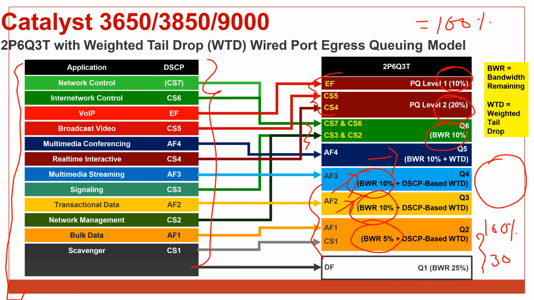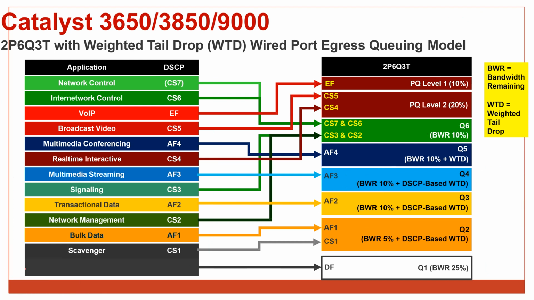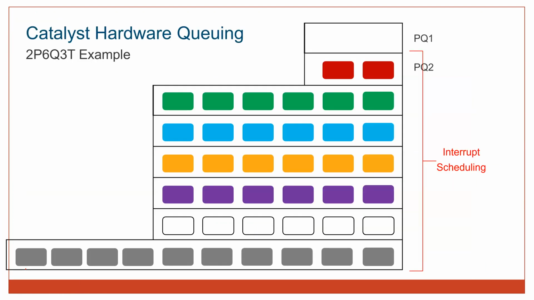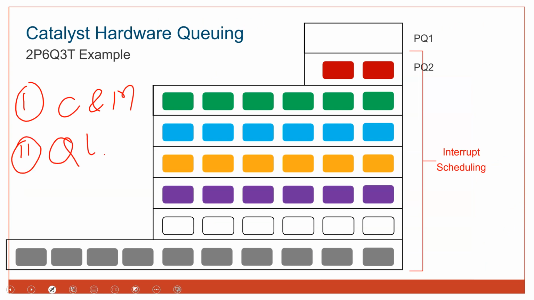So we are doing classification and marking, and then we are doing the queuing mechanism. So the first thing that we are doing is classification and marking, C&M. Then we are doing queuing. In this queuing, we have a normal queue and we have a priority queue, right?